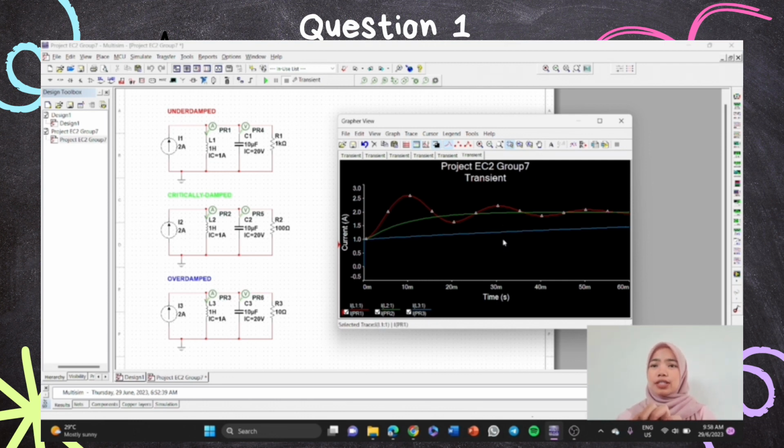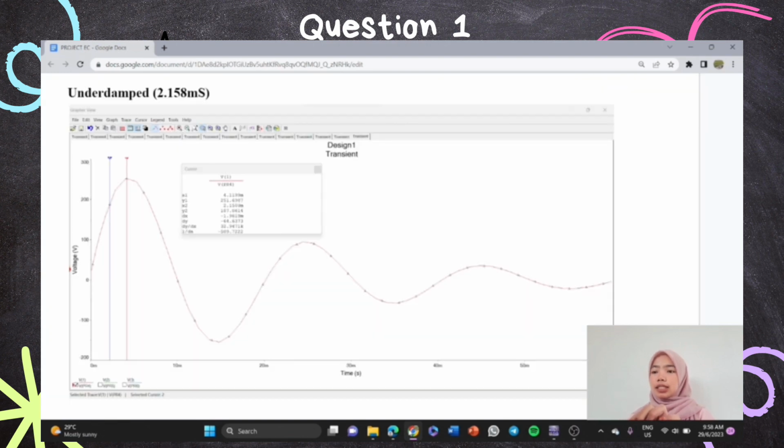Okay, for question D, we need to find the 18% of the VT value. Let's look at the graph.